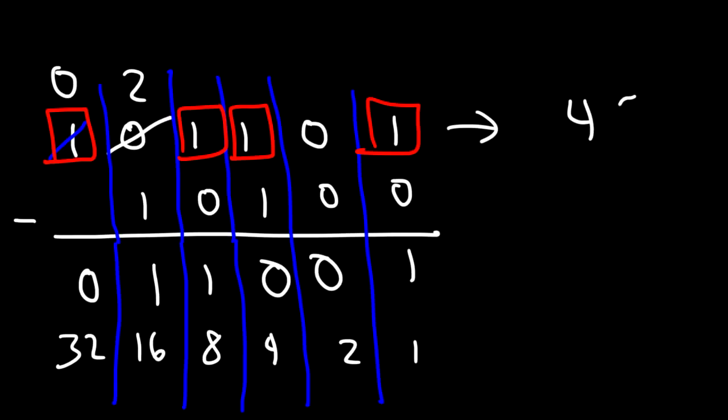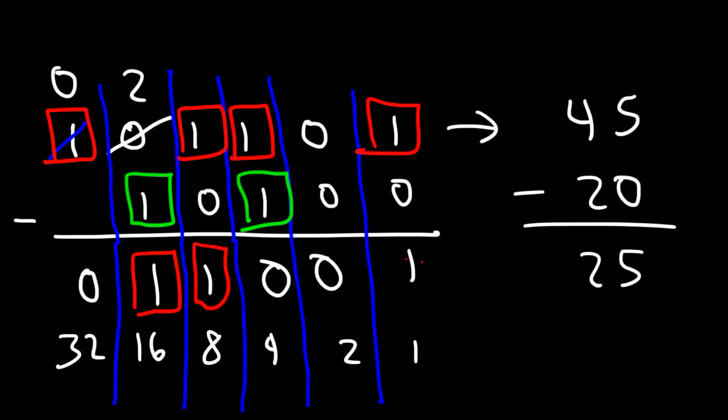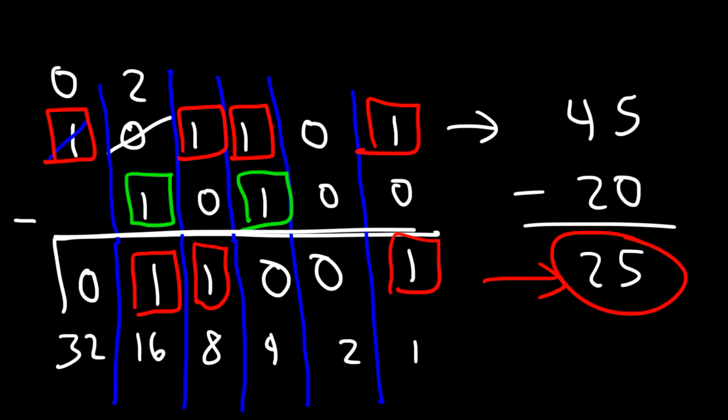So this is 45. And then we're going to subtract it by, this is 16 plus 4, which is 20. And so 45 minus 20 should give us an answer of 25. 16 plus 8 is 24 plus 1. That's 25. So this is indeed the right answer.